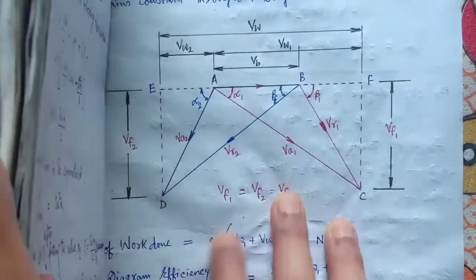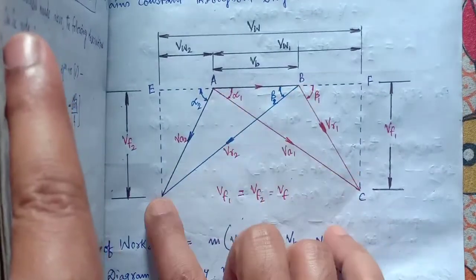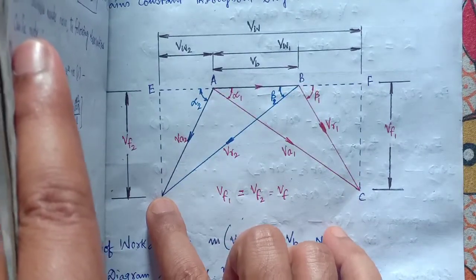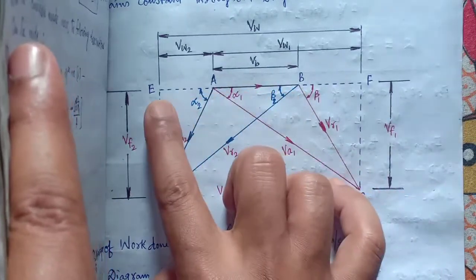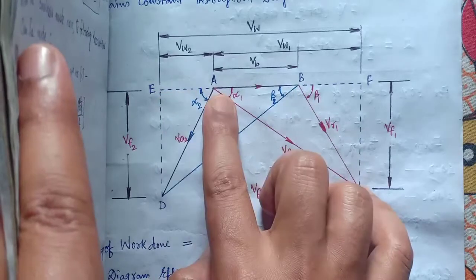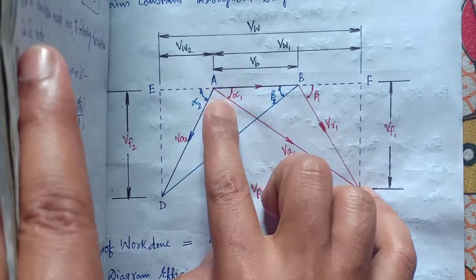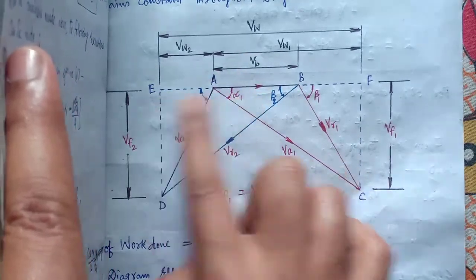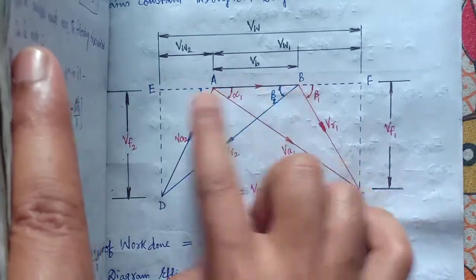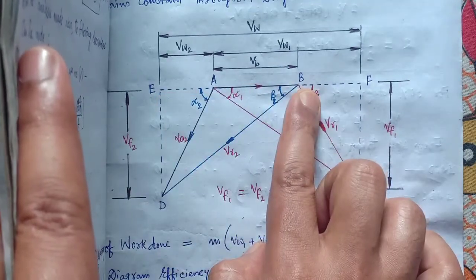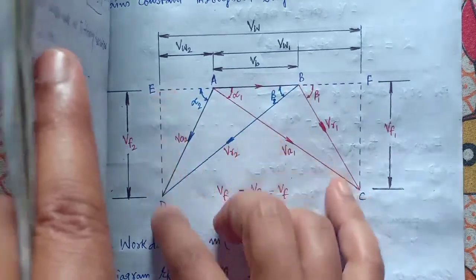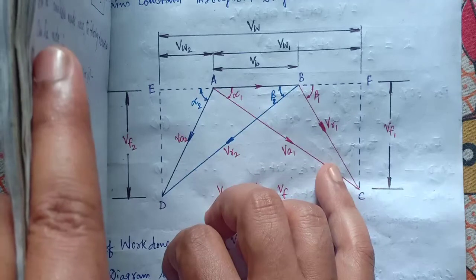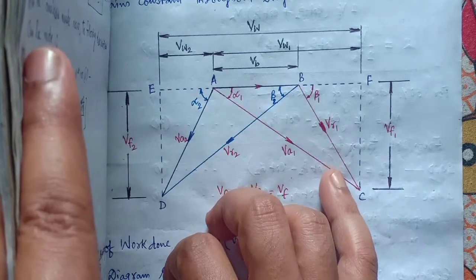That means if you follow the triangle ABD, we need to know the magnitude of AB. So AB can be expressed as EB minus EA, correct? Again, EB minus EA. So EB can be written as VF cot beta 2, correct?